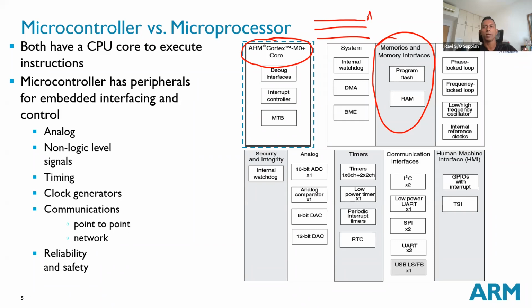These are the three main buses. You will study them in more detail when you do computer architecture modules. These three buses generally connect the core with everything else that you see here. At the very least, you need the core with the memories, and when you have all these other add-on peripherals, you have a more complete system to do a lot of things within that single chip itself.